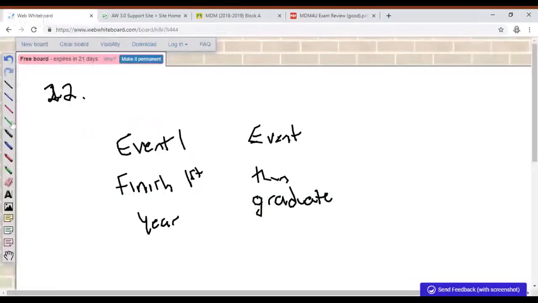So therefore, 70% will finish first year. Then if they finish first year, we're told that there's an 82% chance that they'll finish the whole thing. So 82%. So it's conditional. I'm just using fundamental counting principles, what I'm doing. So I do just 0.7 times 0.82, which is 0.574.